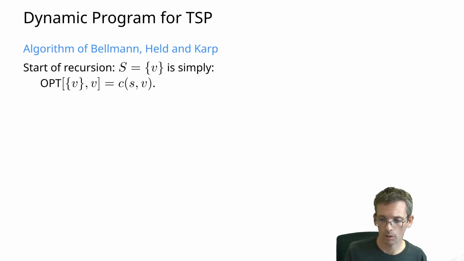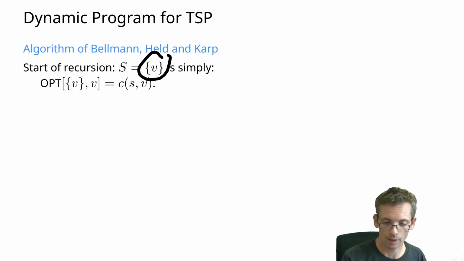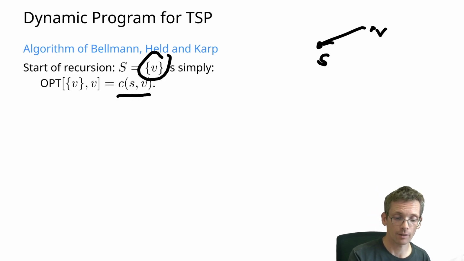So let's have a look at how this looks. The base of our recurrence is if I only have V, I mean, I start at S, and my big S only consists of V, meaning I don't have to visit any vertices intermediately. Then the shortest path is simply the edge, and the length that I get is the length of that edge.